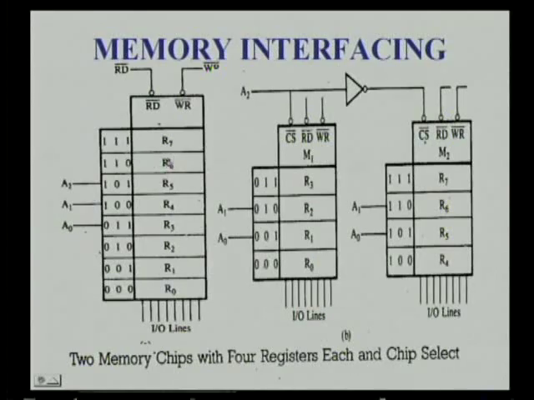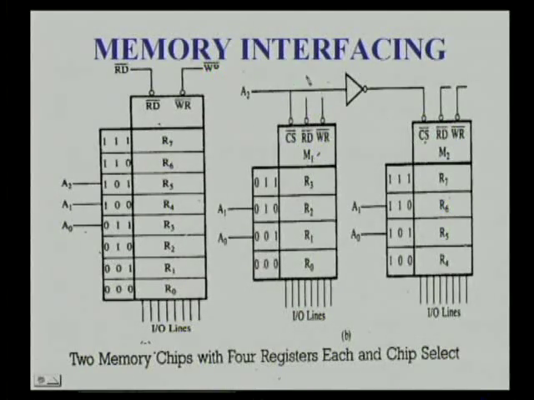You can see in the left side diagram, if these 3 address lines are 0 0 0, the R0 register will be identified like this. Lower order address bits 0 0 will identify this R0 here, and the first A2 bit is 0, so that will enable this first M1 group.